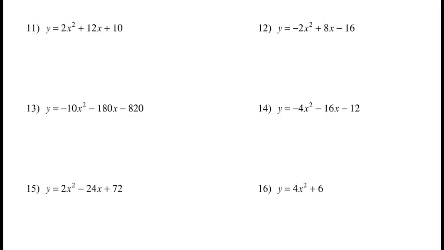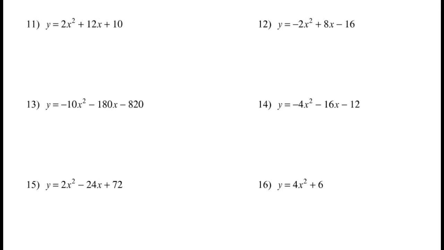Okay. 11 through 15? 11? Alright. So from 10 to 11, the difference is there's now numbers in front on all of these.